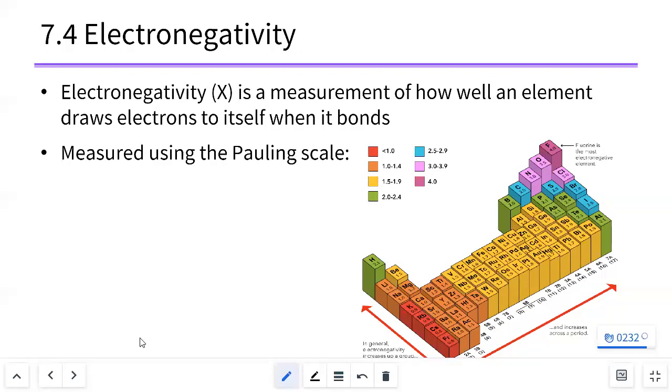The ones that are negative tend to be more electronegative. The ones that are positive tend to be less electronegative. And how big is it? The bigger the atom is, the more that charge gets dispersed, the less drawing power it has.